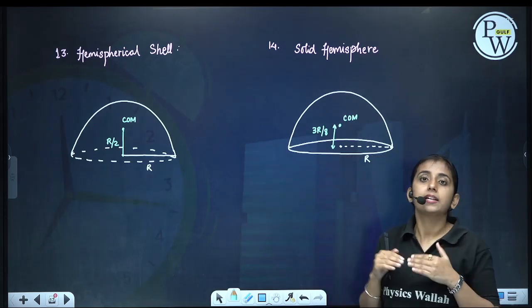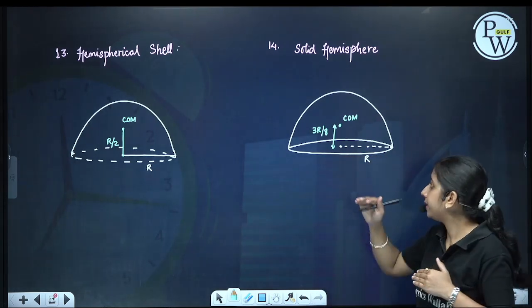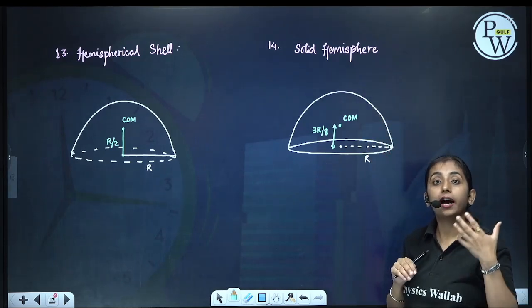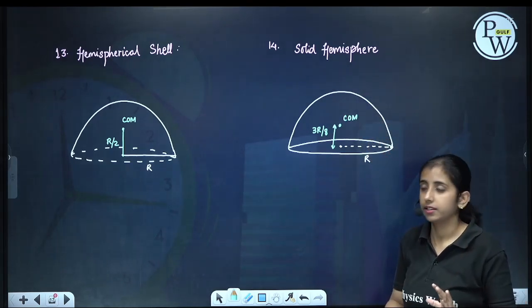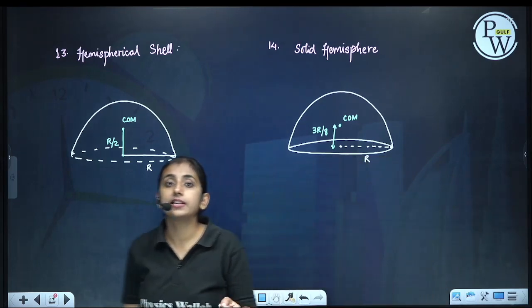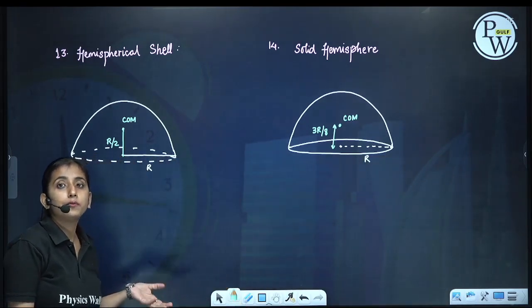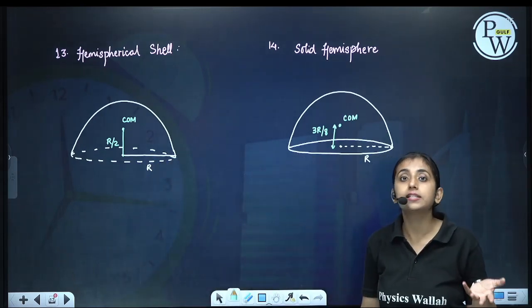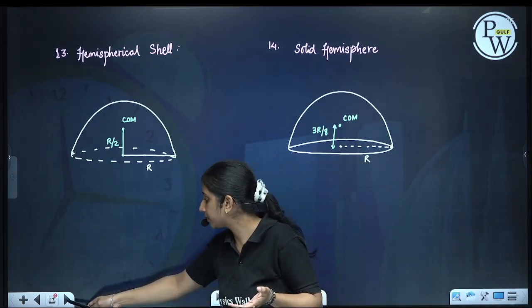If we have a solid hemisphere, it is at a height 3r by 8 from the center. This is the center of mass of some uniform, regular, rigid bodies. You have to memorize all these center of mass coordinates.